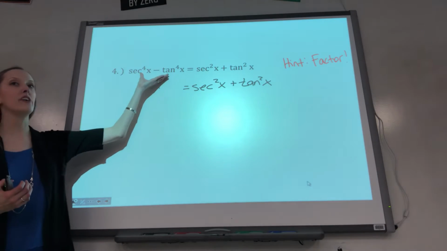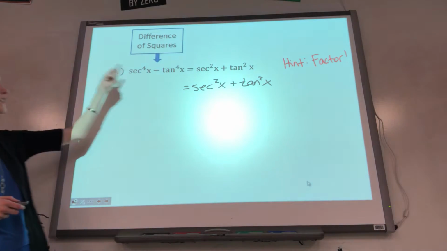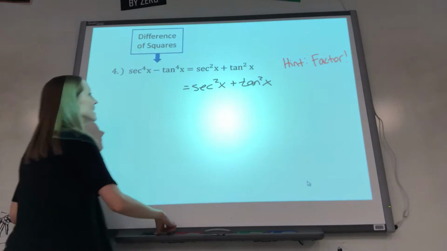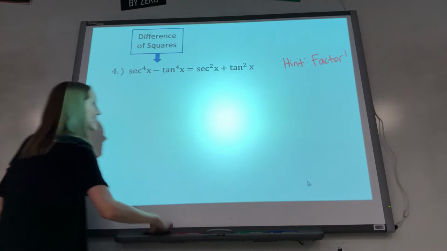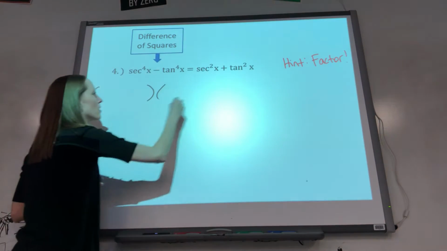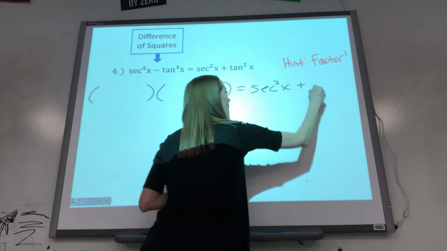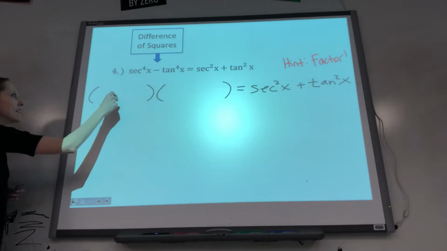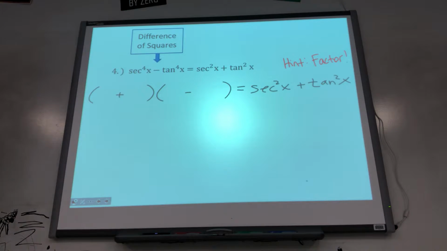So, looking at this, what type of factoring would this be? Difference of squares. Very nice. So we need to set up, and I hope I have enough room here. I may have to scoot that over. I want to set up a couple parentheses to do the difference of squares. 1 is a plus, 1 is a minus.